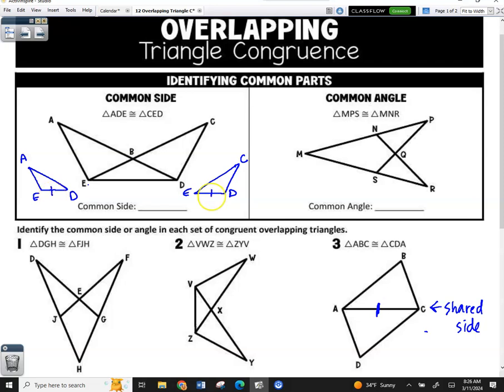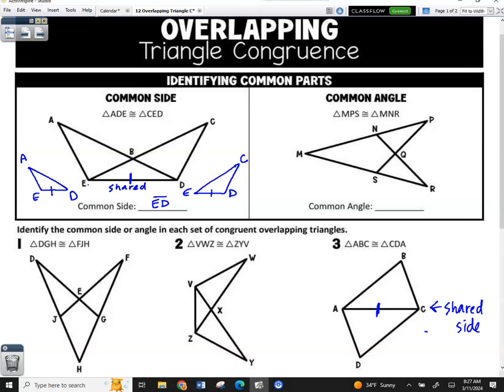ED, ED. All right, so this is the shared side right here. So it's congruent to itself. It says, what's the common side? We would say ED. We've not had a picture like that before, so that's the first time we've seen that.